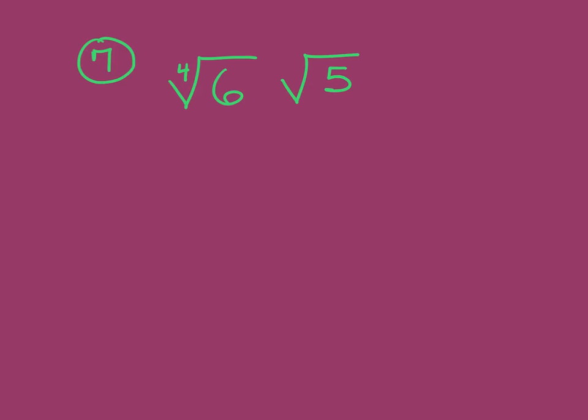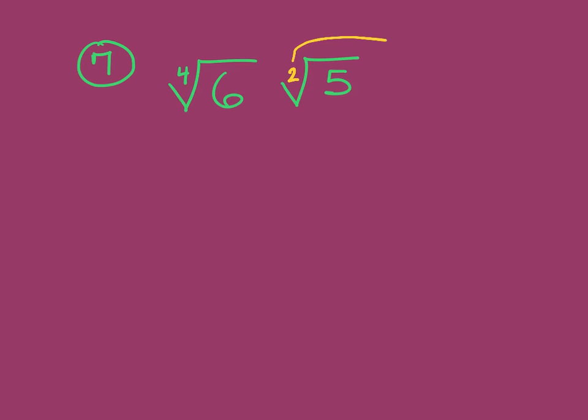Number 7, 4th root of 6 times the square root of 5. These are 2 as they are. Again, if we're going to multiply radicals, we need the same index. The index on the second one is 2. So since they have different indexes, we'll have to do a little bit of rewriting this.